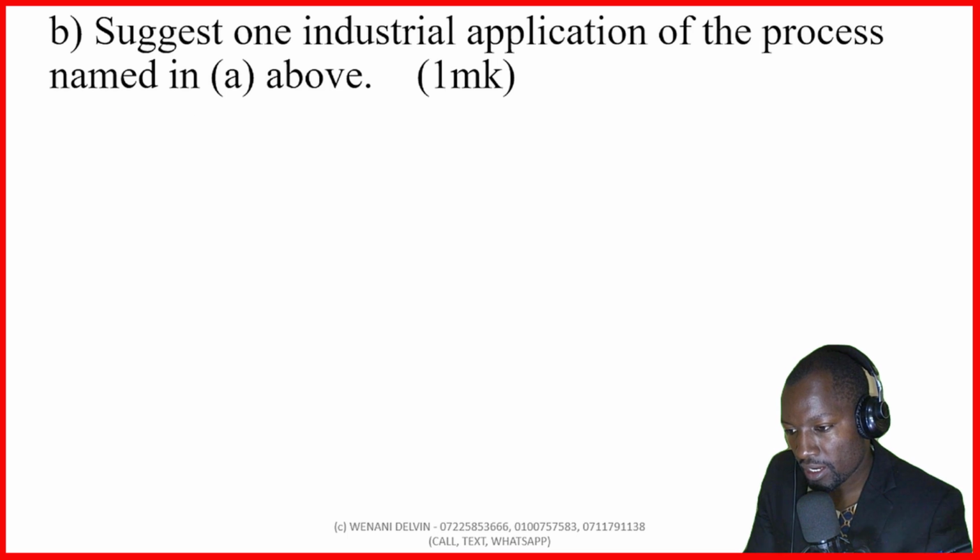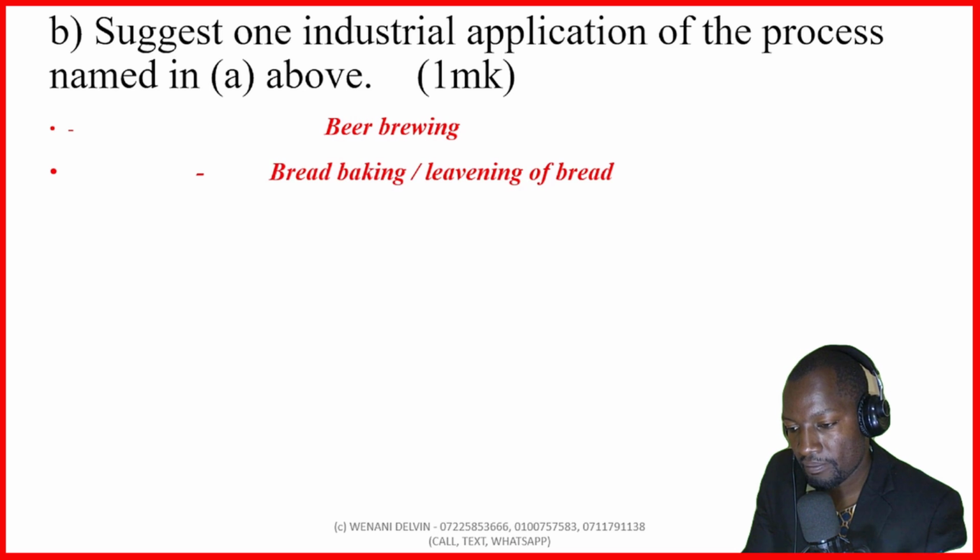Suggest one industrial application of the process named in A above. I'll suggest quite a number, and these are as follows. 1, beer brewing, bread baking, or what we call leavening of bread, processing of dairy products.